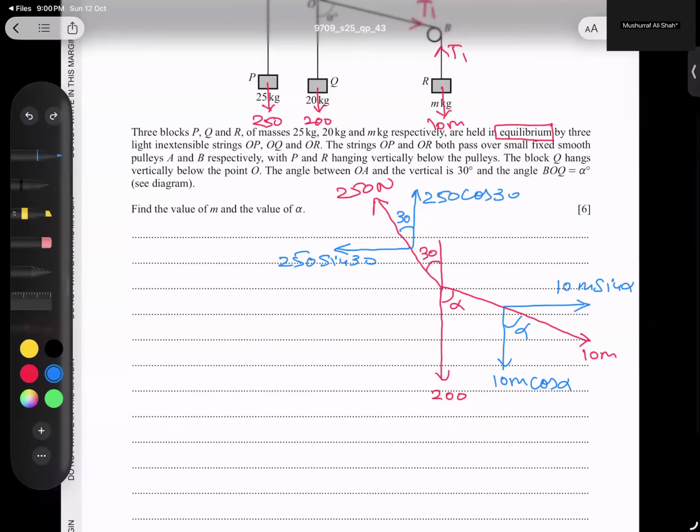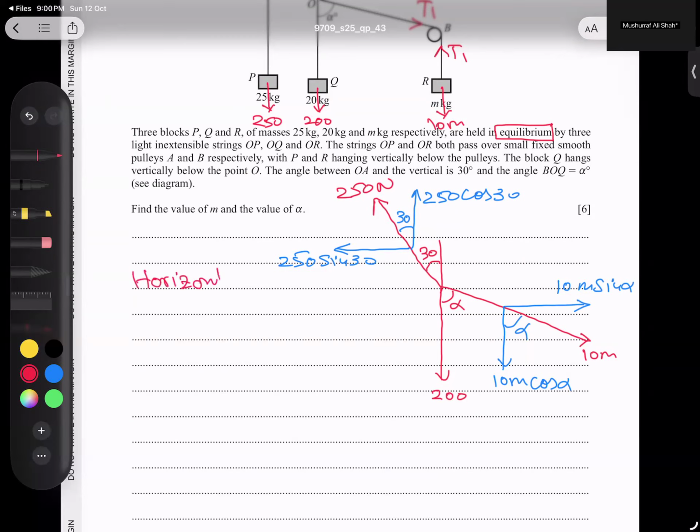Now, students, I can make two equations. First, I talk about horizontal components and then vertical components. For horizontal components, right side equals left side.